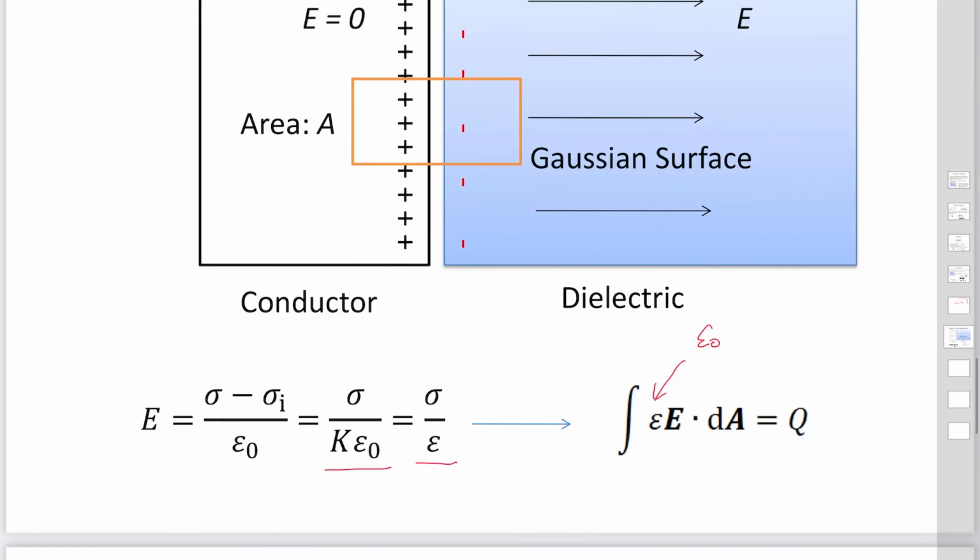So instead of epsilon sub 0, if you use epsilon, we have exactly the same expression for Gauss's law in dielectrics. Just replacing epsilon sub 0 with epsilon, we can write Gauss's law in dielectrics. Okay, this is the end of this session.